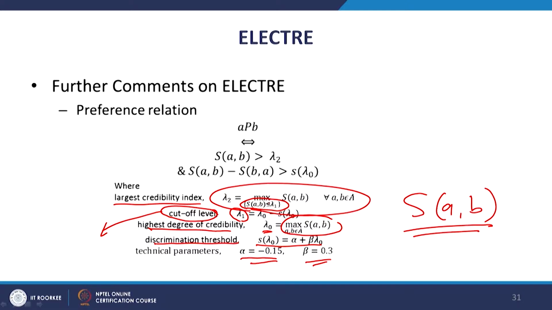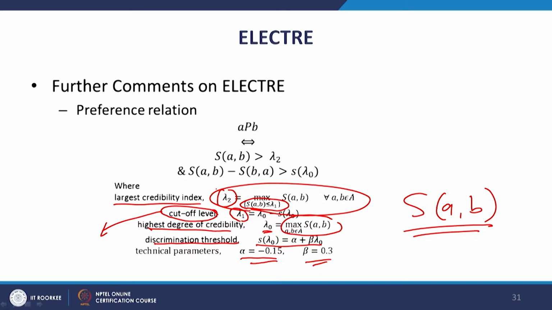So all the elements that are part of this capital S matrix, the credibility matrix, are compared with this lambda 1 value. Out of the elements that are less than this cutoff level lambda 1, we find the maximum value, and that is assigned as lambda 2. So you can see it is the cutoff level that determines how easily the preference relations are derived. So let us move forward.